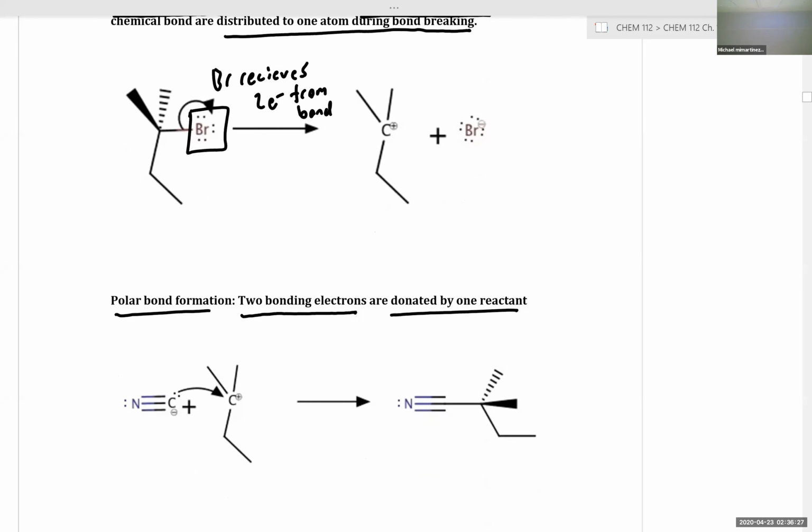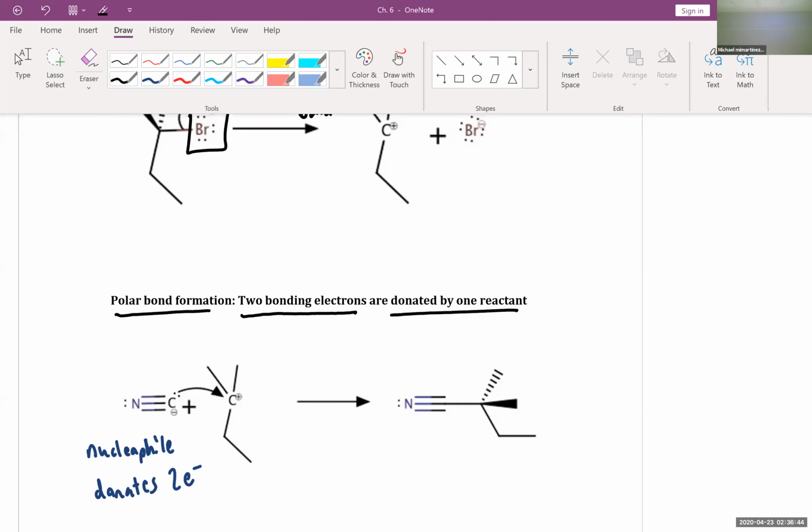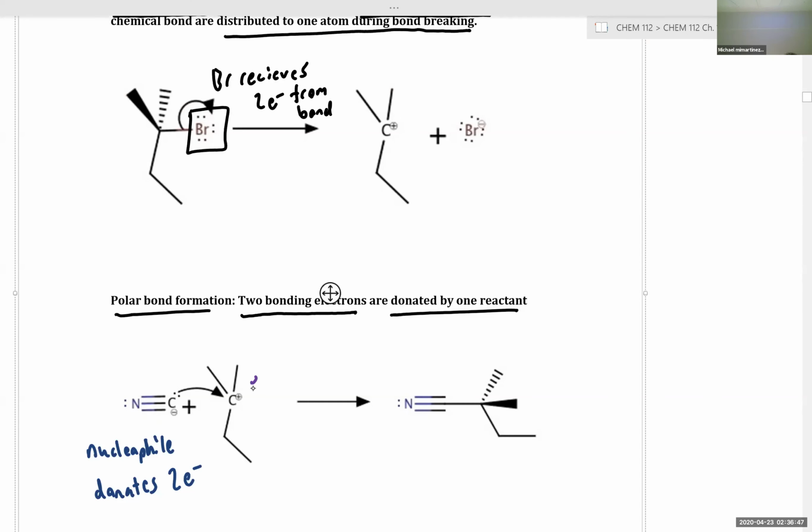So for example, in this case, our nucleophile, which I'll write in blue, donates 2 electrons, and our electrophile receives those electrons as we form the bond. Okay, so polar bond breaking and bond forming involves asymmetrical bond forming and asymmetrical bond breaking events. It's the movement of 2 electrons.